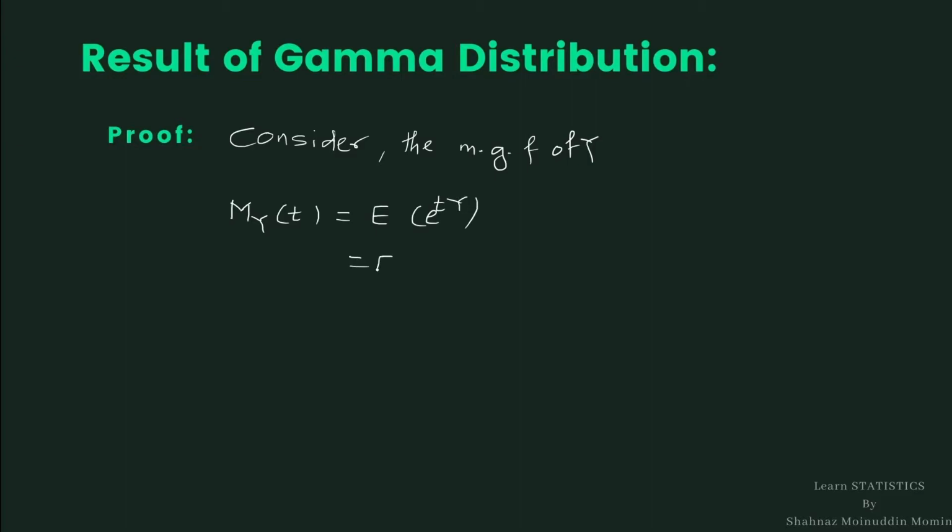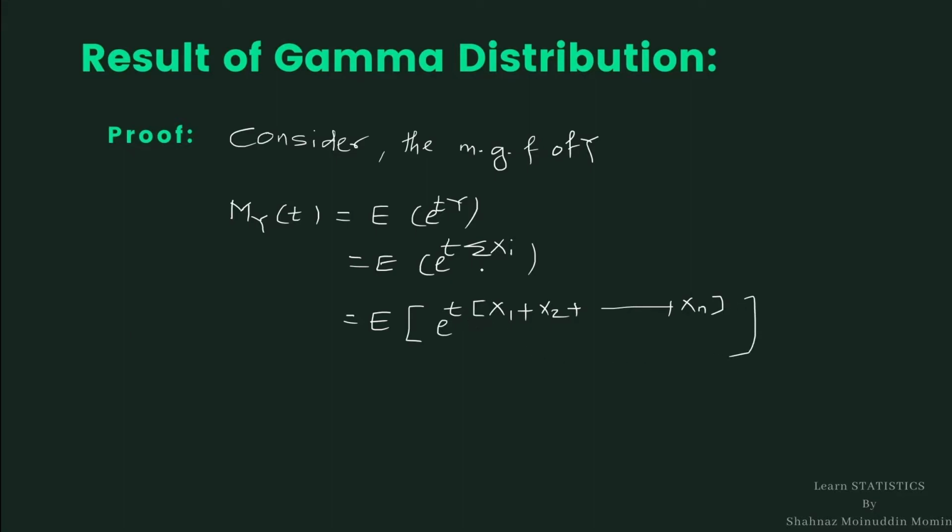We know that the value of y is the summation of xi, so it is the expectation of e raised to t summation xi, which is equal to the expected value of e raised to t into bracket x1 plus x2 plus ... plus xn.